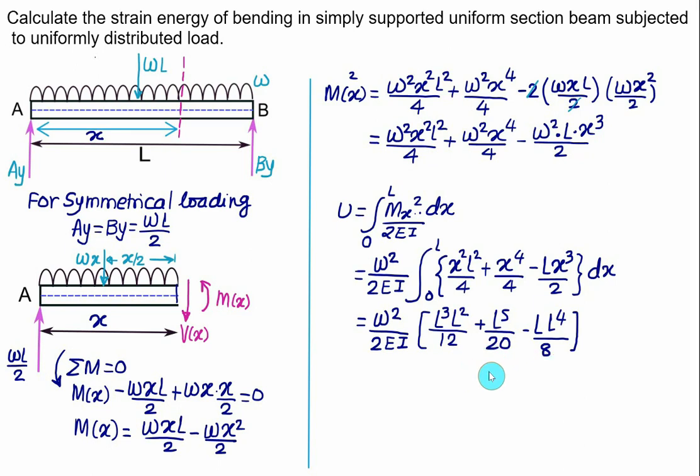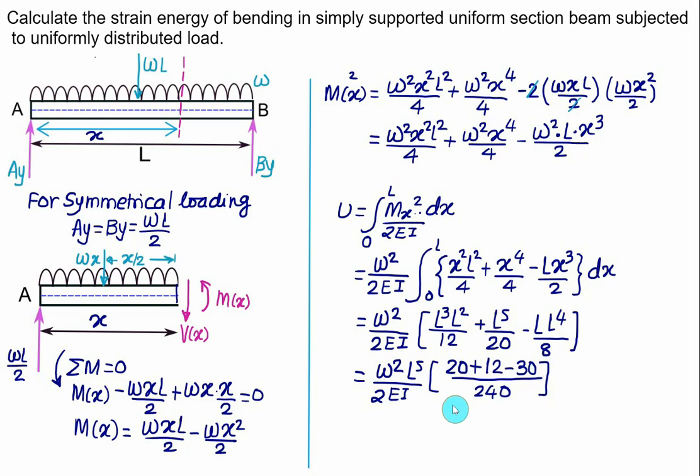So we'll take the LCM equal to 240. So we have W square divided by 2 times EI. L to the power 5 we can take common. We have LCM equal to 240. 240 divided by 12 is 20, 240 divided by 20 is 12, and we have minus 30.